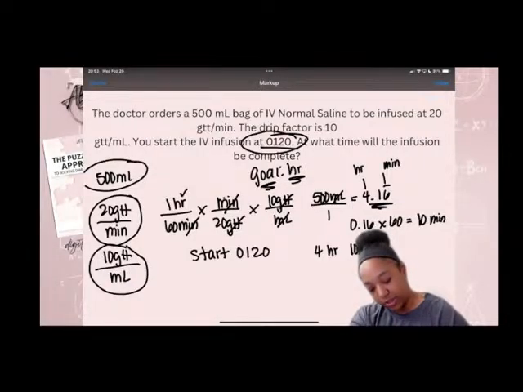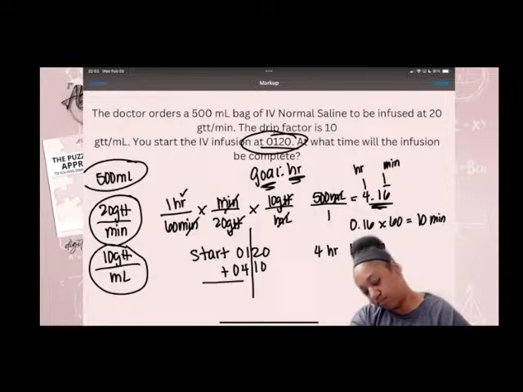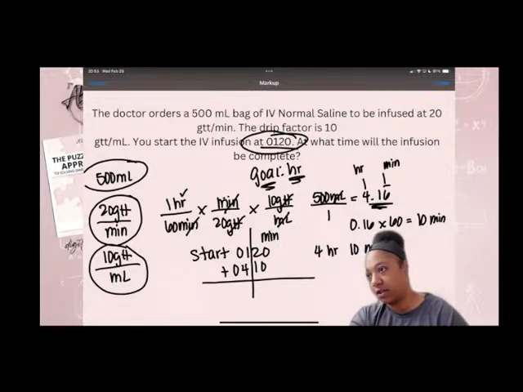1:20 in the morning. And then we need to add 4 hours and 10 minutes. Uh-oh, I gotta put the puzzle piece on here. Okay, there we go.